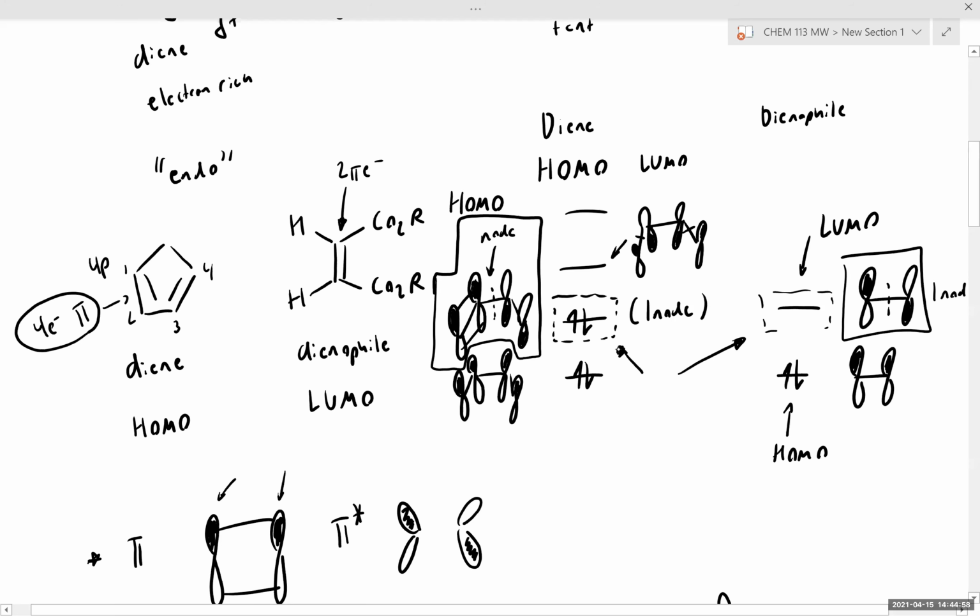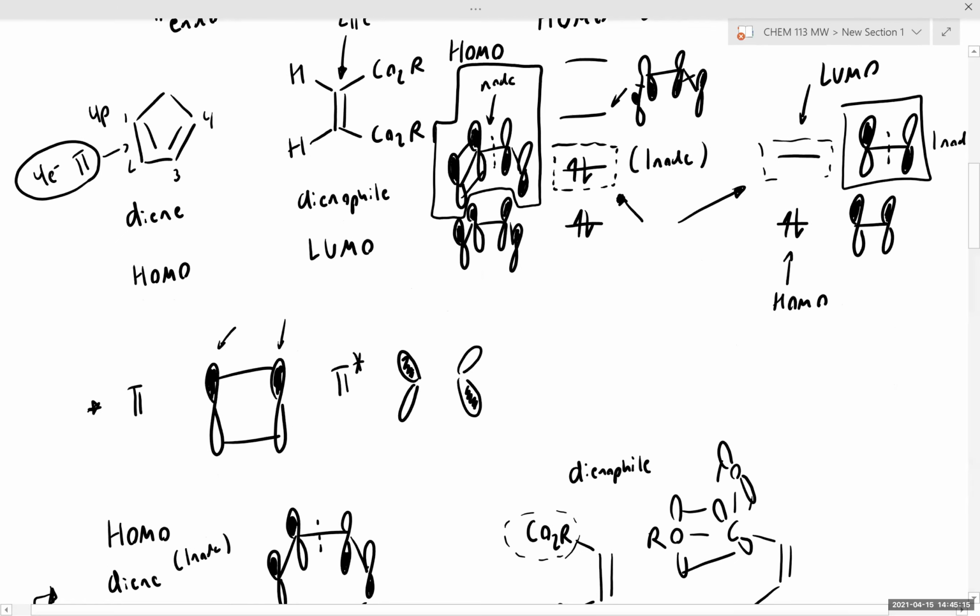And this is important because one of the criteria for an effective orbital overlap and a bond-forming interaction is both proper orbital phasing, but also that the 2 orbitals you're trying to overlap are similar in energy. Okay.